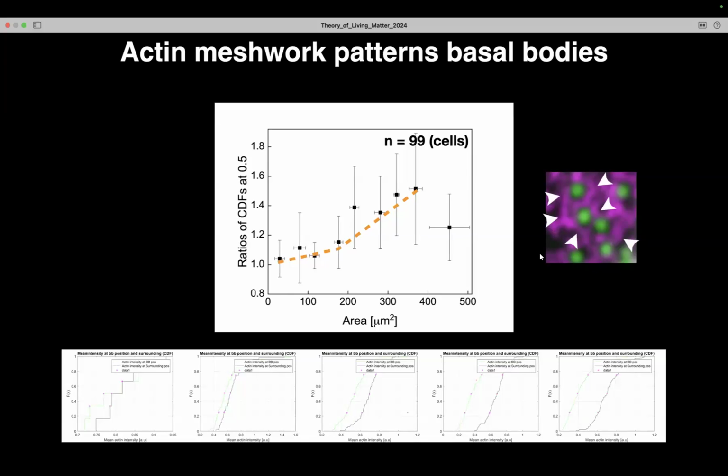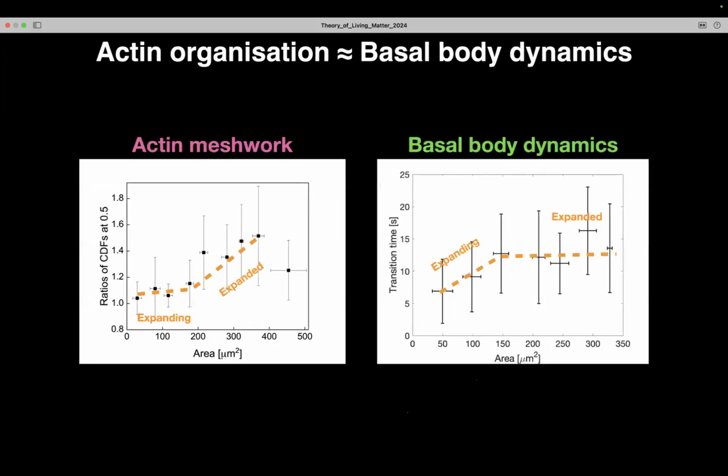But what is very cool here is that if we plot this together with the one that I showed you before, they show very much the same description of the situation. On the left-hand side, we describe the organization of this actin meshwork around the basal bodies. And on the right-hand side, we are looking at the transition time when the basal body transitions from the subdiffusive to the diffusive regime.